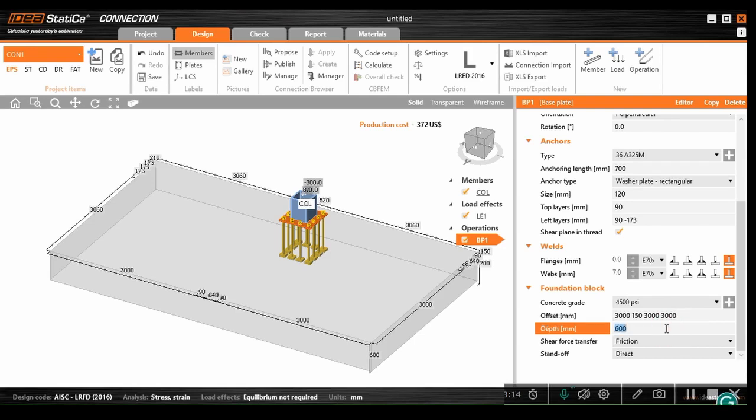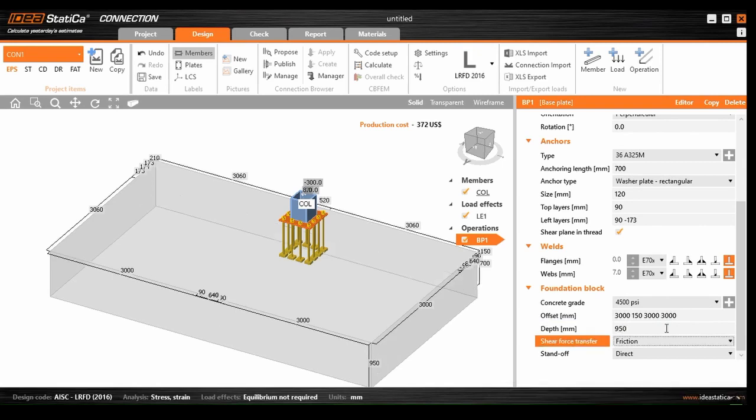I change it to 950 millimeter. It has to be slightly bigger than the length of the anchors, and it is up to the code you are using. You have to provide the minimum requirements of concrete to boards and to anchors.